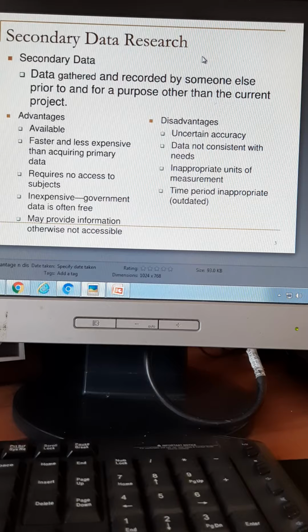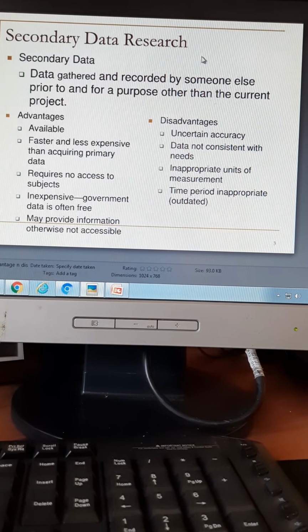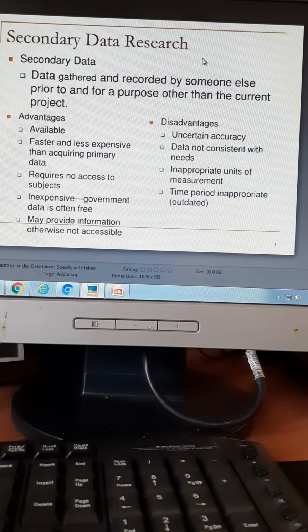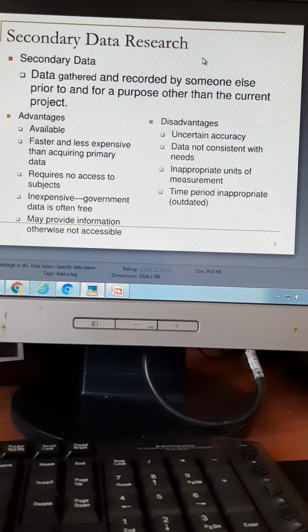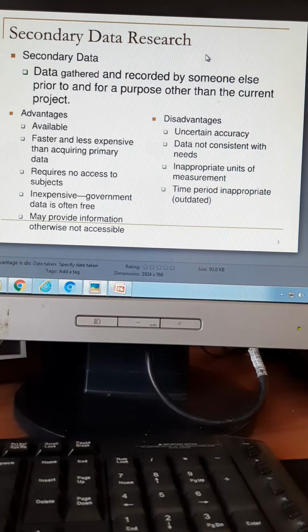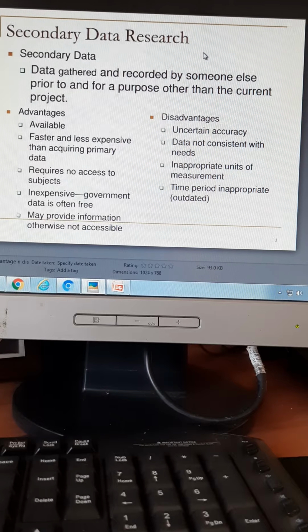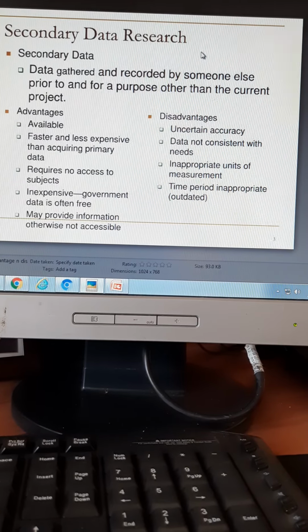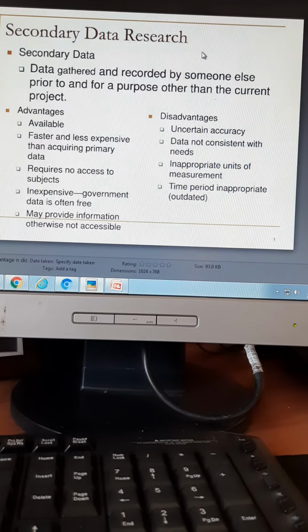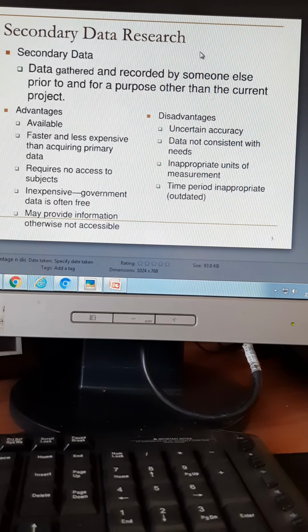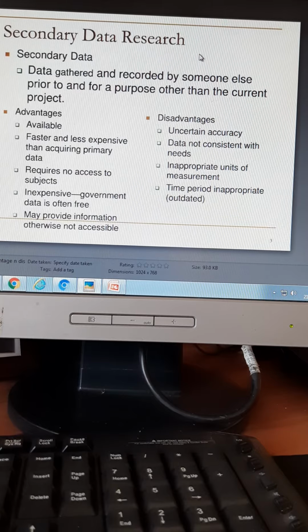Will you have data like that? They will have it for fortnightly basis, monthly basis, weekly basis. That is what is meant by inappropriate unit of measurement. You want it for your study for 5 days, but that's not what the Bombay Stock Exchange will do and send to you.